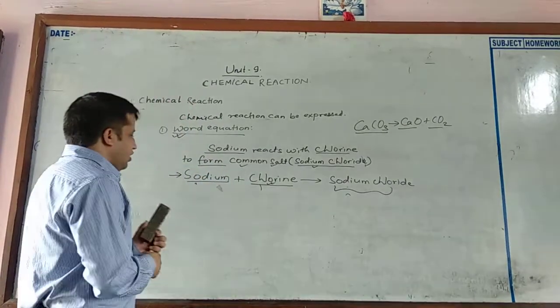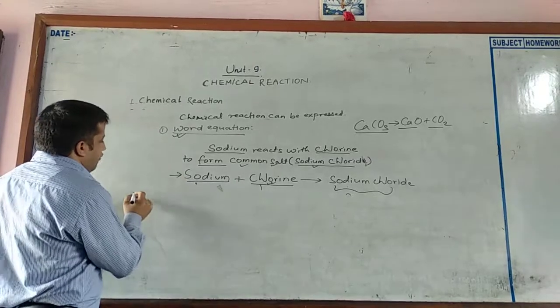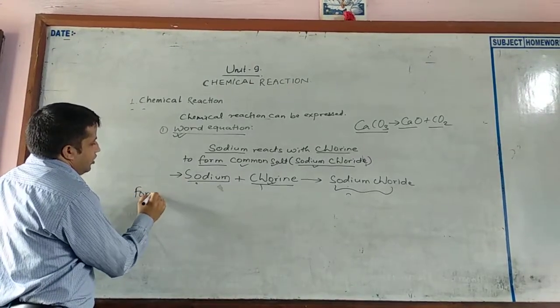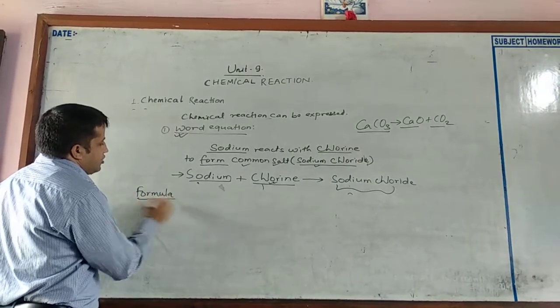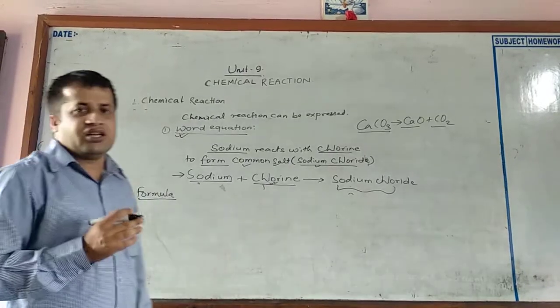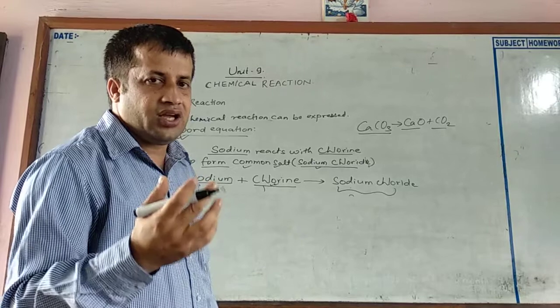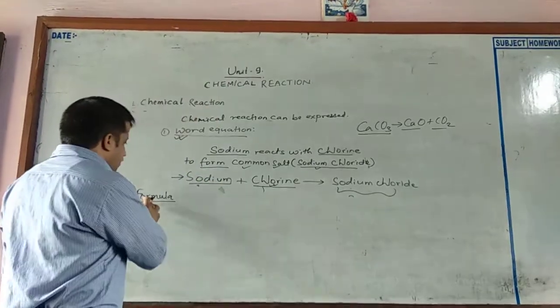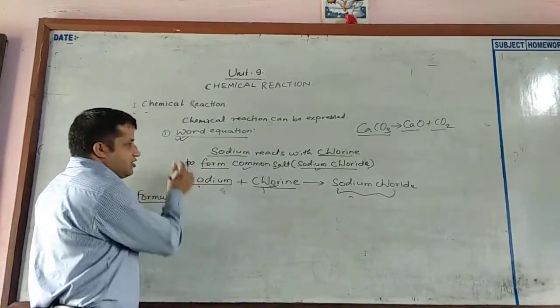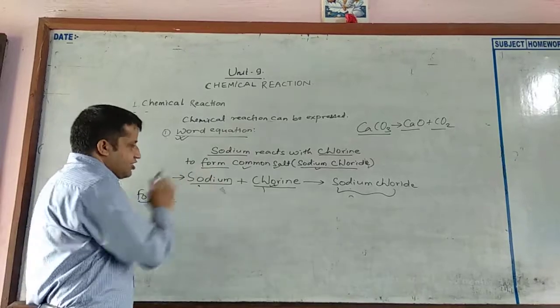That expressed way is known as the formula equation, or simply the skeleton equation if it is not balanced. What is balanced and unbalanced, we will discuss again.